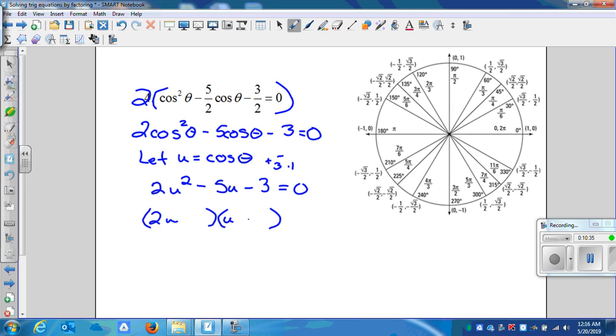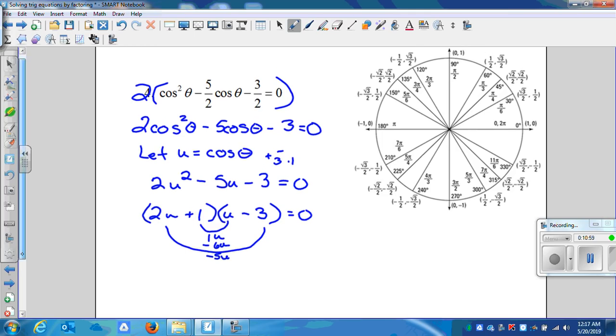So I'm going to put the minus 3 in the last group and a plus 1 in the first group, and I'll check to make sure that those are correct. So I have 1 times u. In FOIL, that is the inner portion, and the outer portion is negative 6u. When I add those together, I do get negative 5u, so it does match up. So it is 2u plus 1 and u minus 3.